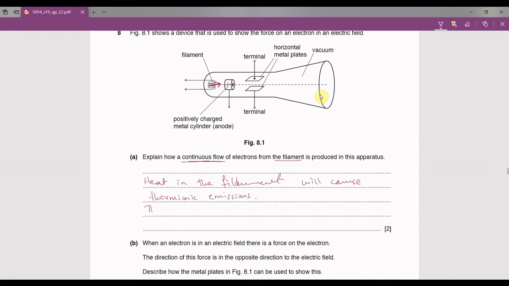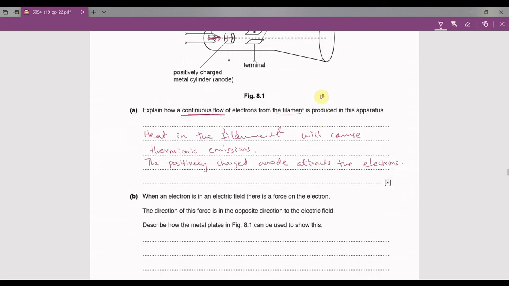So the positively charged anode attracts the electrons. So these two things together produce a continuous flow of electrons.